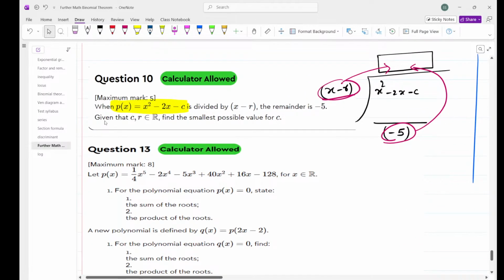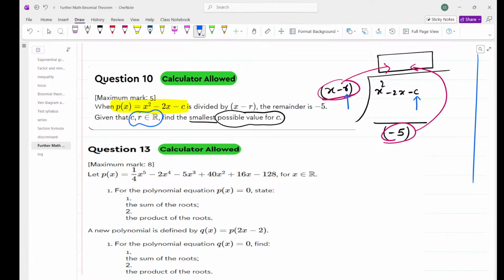So we have to find c, the smallest possible value of c. Now you have to be smart. This is not saying find the smallest value of c, this is saying find the smallest possible value of c. The biggest hint is this: right now we have two unknowns in my question, c and r, but only one piece of information is given, that the remainder is minus 5.